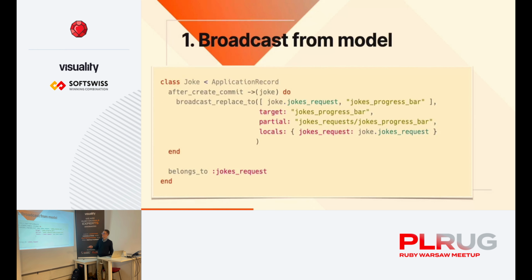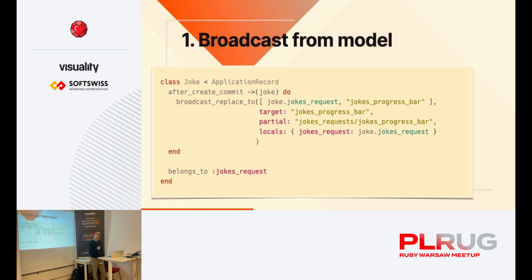The API for this method is like this. The first argument is the name or the ID of the Turbo Stream. And this is probably the most important thing we need to provide to this method, because it informs where I want this change to be broadcasted to.